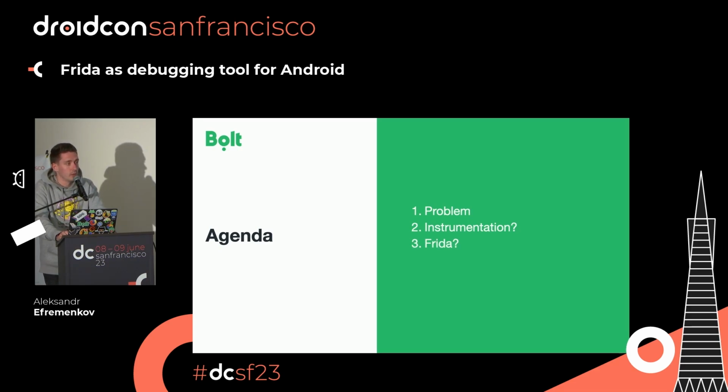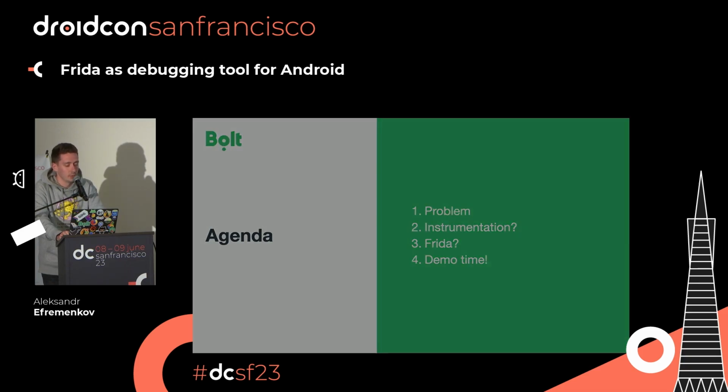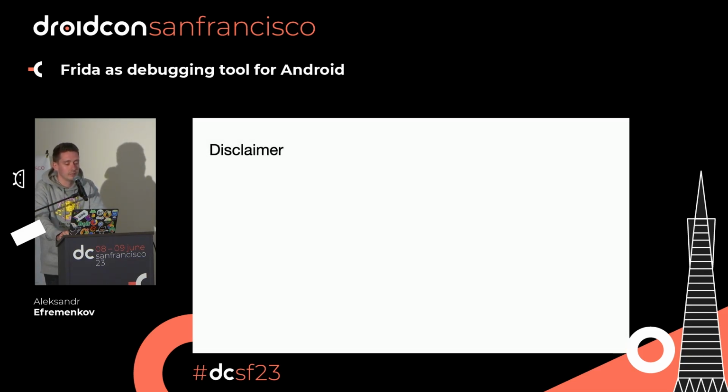The third one, we'll discover Frida as a tool and figure out what capabilities it has. And the fourth one is demo time. I prepared a small demo for you, showing how you could make your debugging a bit easier than just jumping in from scratch.